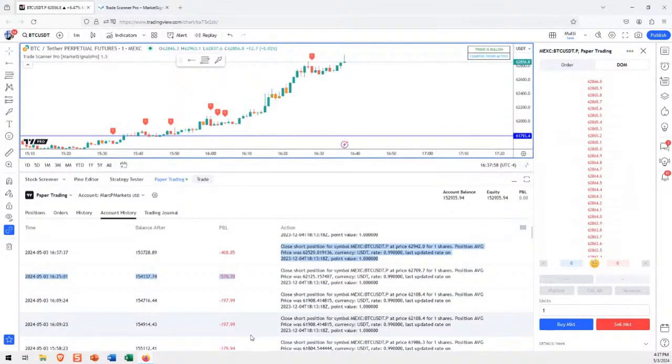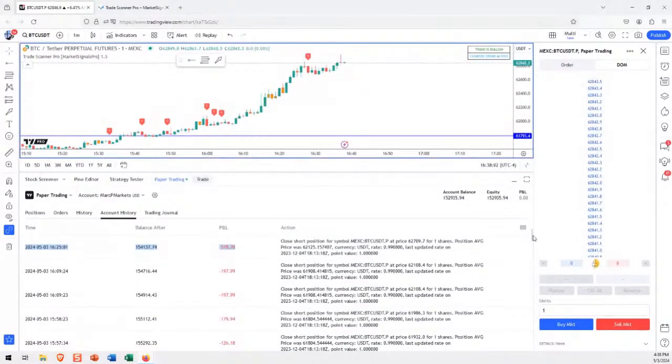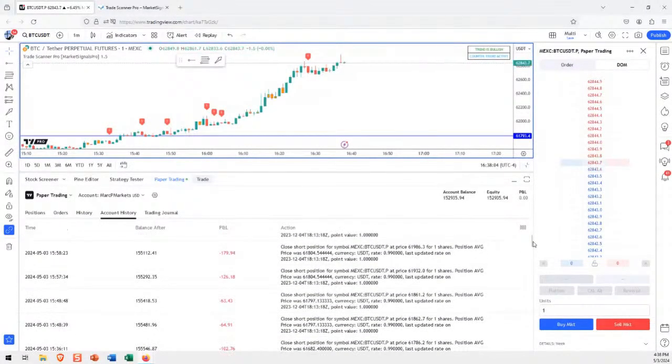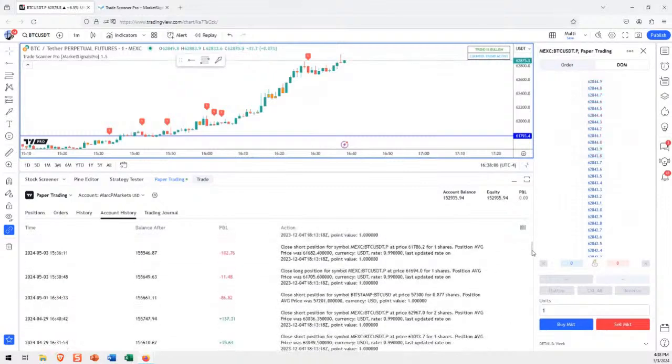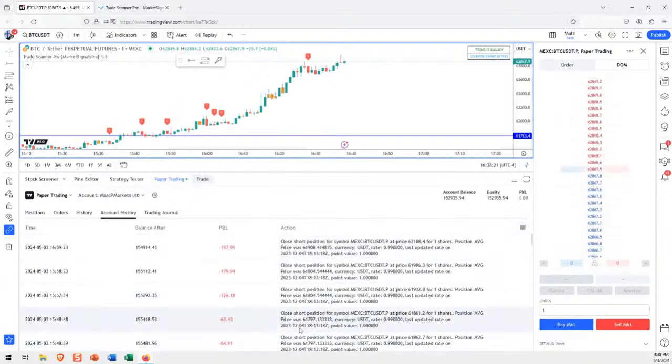Okay. Let's see if I can add this up. Man, all these losing trades. So was that $100? I'm not going to count this $10 one. That's $200, $260, $320, $440.